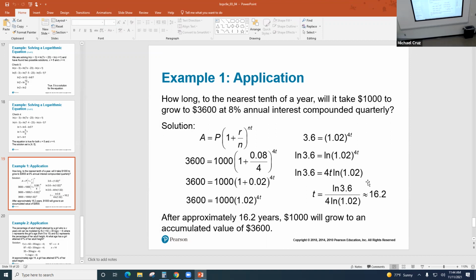Okay. And then we use the power rule, bring the 4t down to multiply. There's the variable now in a more respectable place that we can easily access.